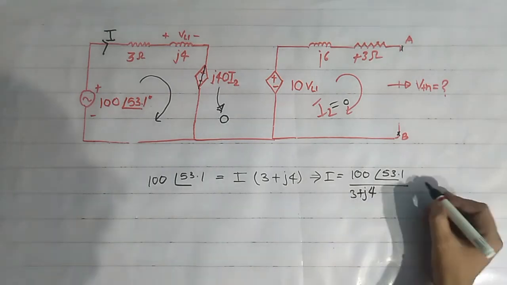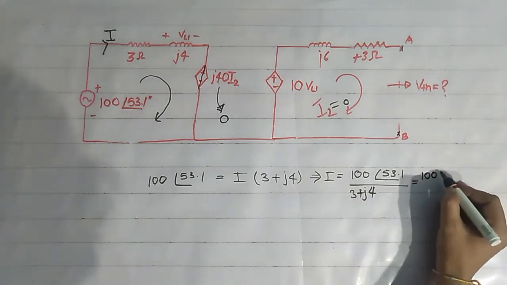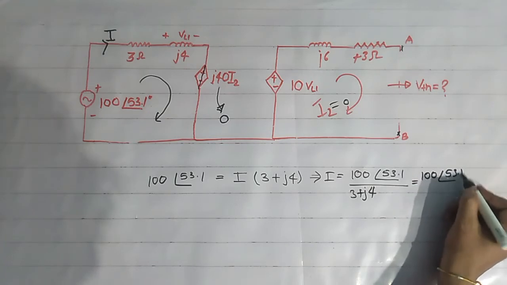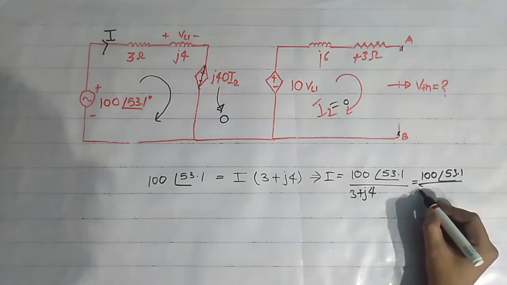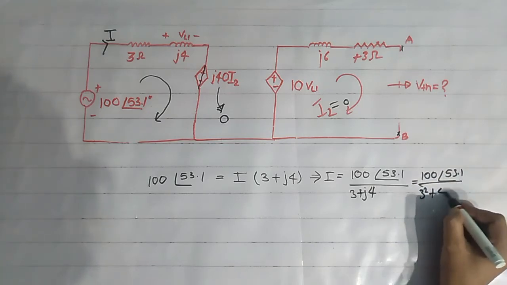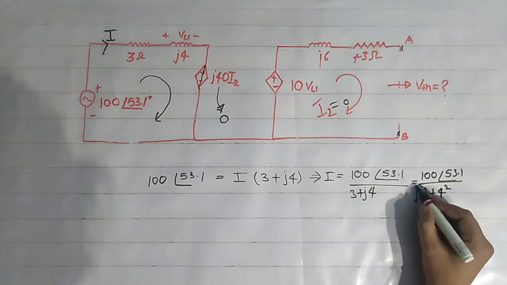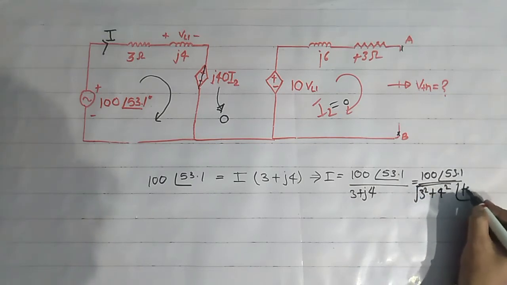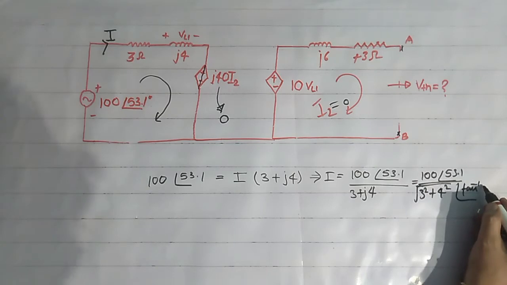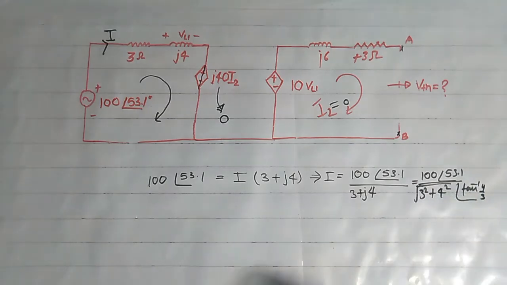When we solve this, we get 100 angle 53.1 by square root of 3 square plus 4 square, angle tan inverse 4 by 3.